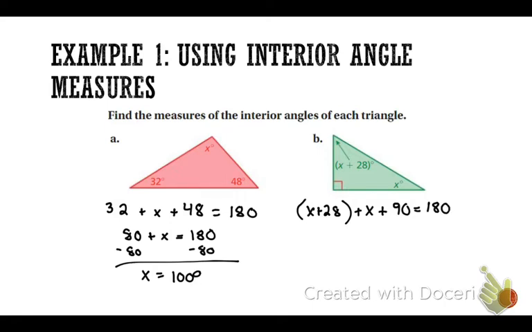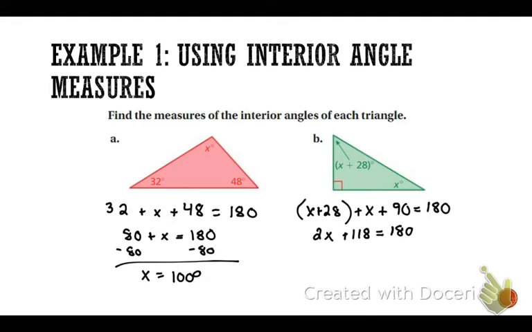Now I need to combine like terms. Again, the parentheses don't keep me from combining my like terms. What's x plus x? 2x. And what's 28 plus 90? 118. Equals 180. So now you have a two-step equation.